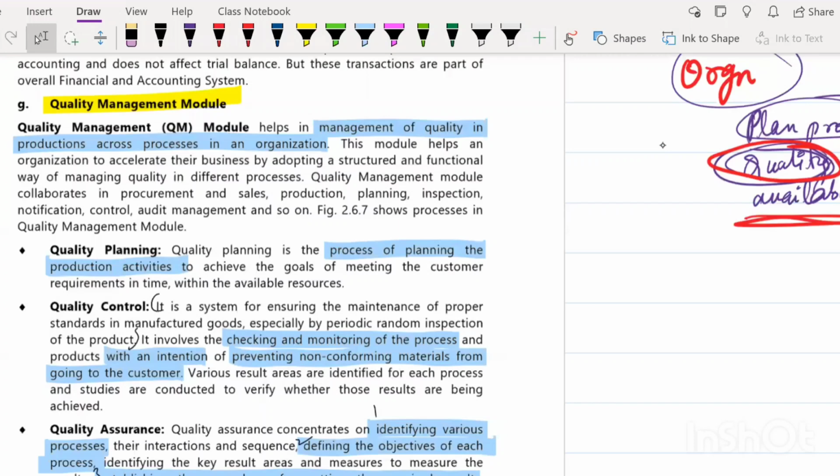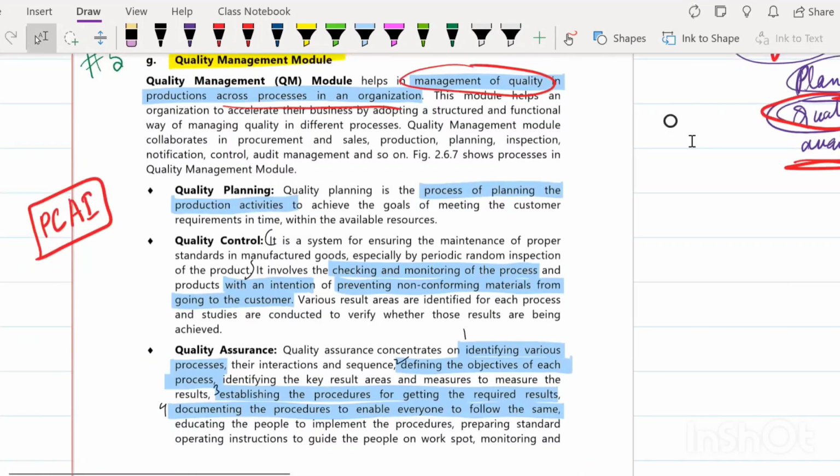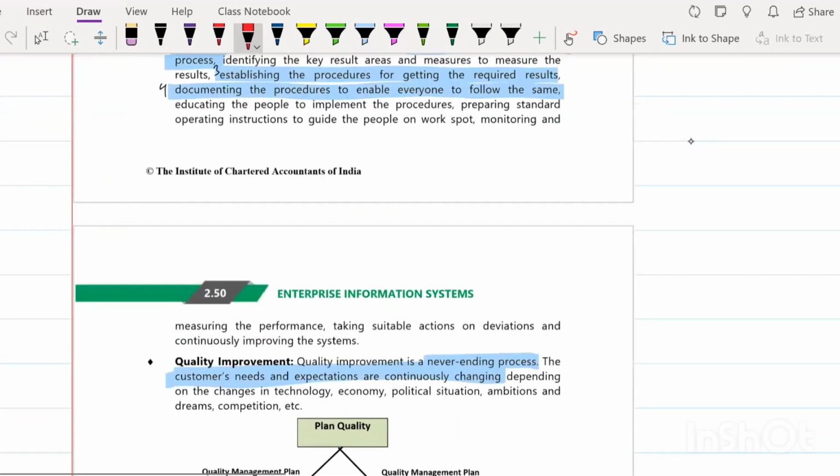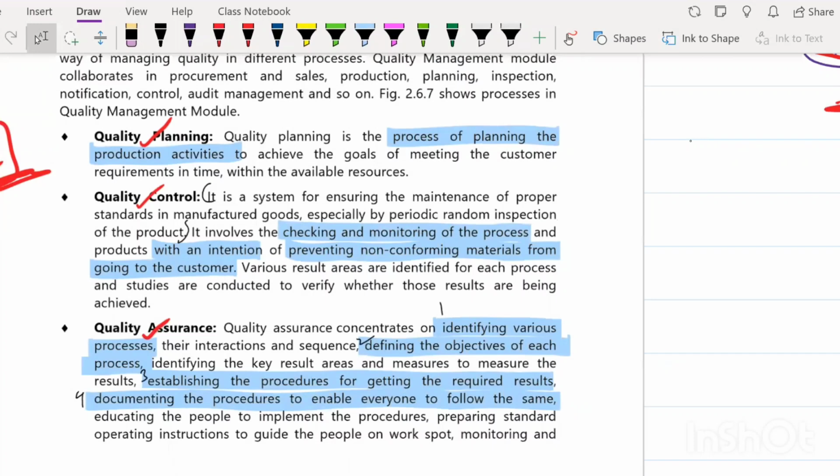It helps in the management of quality in the production across processes in an organization. Here you see there is a short form: PCAI. It is quality planning, quality control, quality assurance, and quality improvement. I have already told you what quality planning is. You will plan the production activities, how you can achieve them with the available resources.